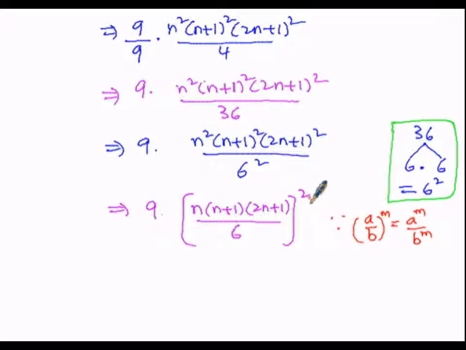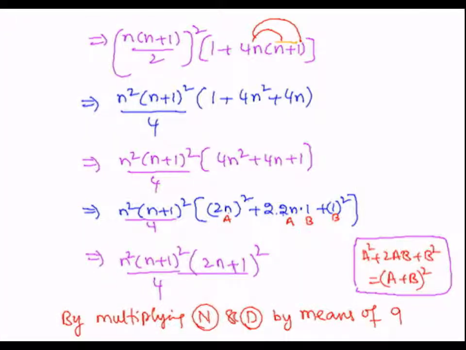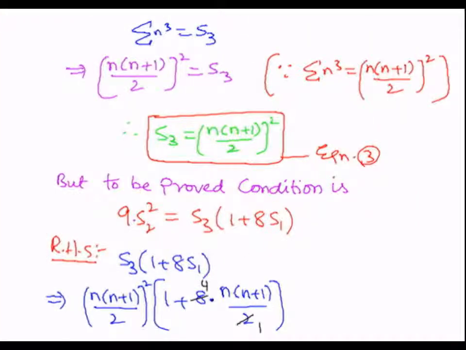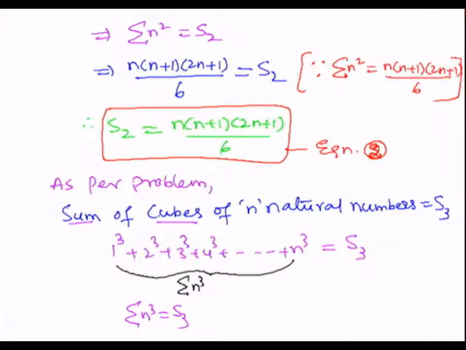Then now the next logical step will be, so here 9 into n plus 1 into 2n plus 1 by 6 can be written as sigma n square, but whole to the power of 2. So here, as per the condition which we have derived previously, S2 is equals to sigma n square, so therefore sigma n square can be written as S2.